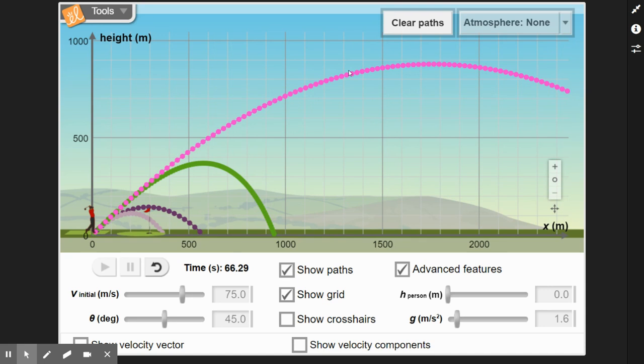I haven't figured out a way to zoom out of this. So this one was no air resistance and the same gravity as the moon. They're definitely going to go farther on the moon than on Earth because there is very little air resistance slowing the velocity down in the x direction, and there is less gravity pulling the ball downward.